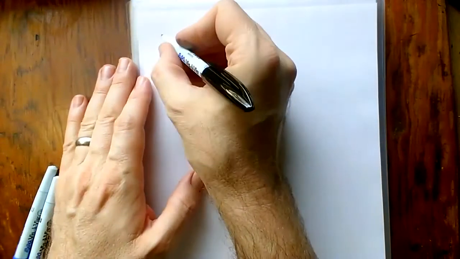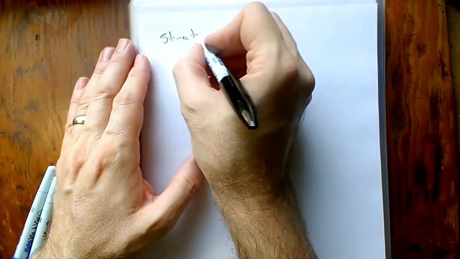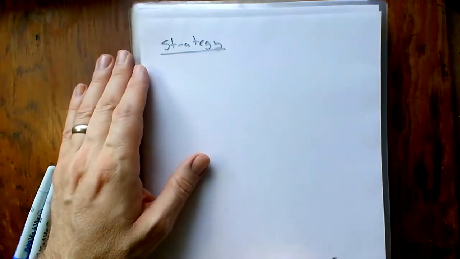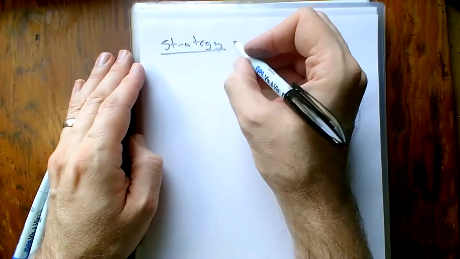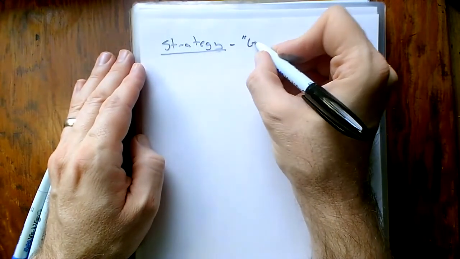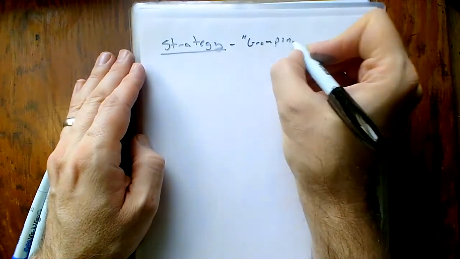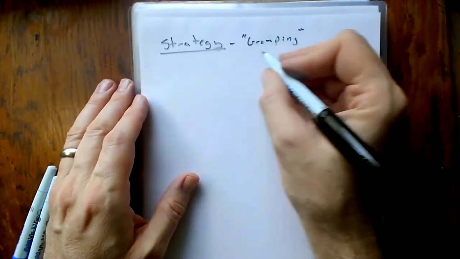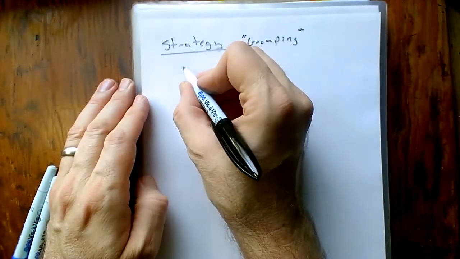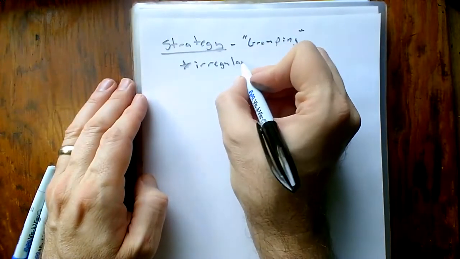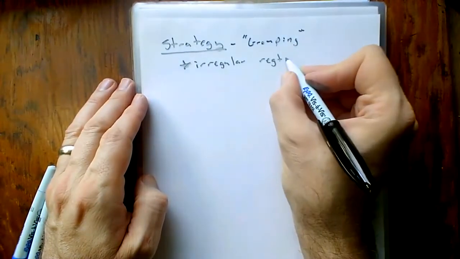Next, let's talk about strategy. There's two main strategies that you're going to run into. One is what I will think of as groupings. You're going to discover this works very well for things like irregular rectangular shapes.